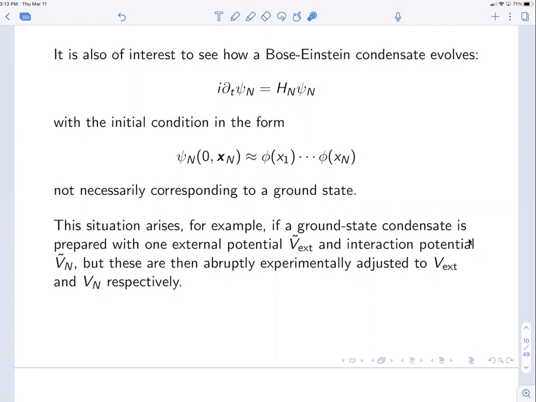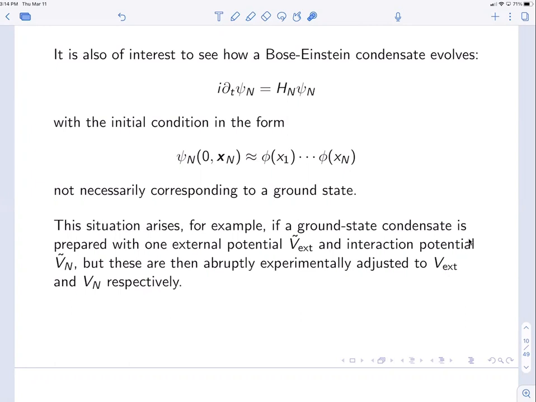So the situation in which it's factorized, but not necessarily the ground state of the operator H_N, arises, for example, if a ground state condensate is prepared with one external potential and one interaction potential, and then these are abruptly experimentally adjusted to some other external potential and interaction potential respectively.